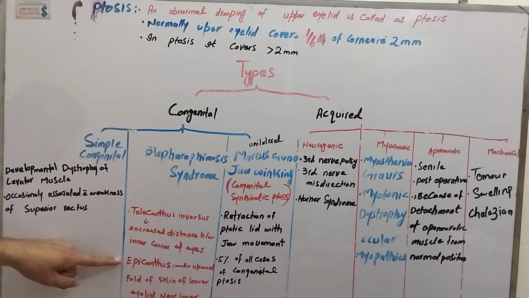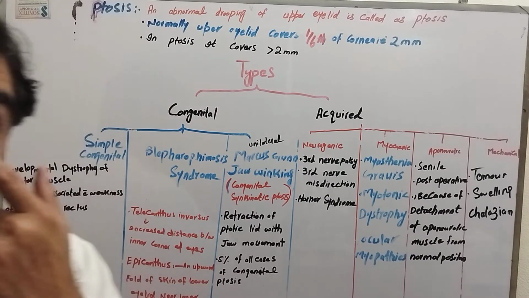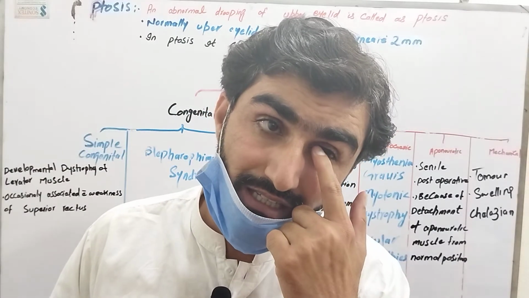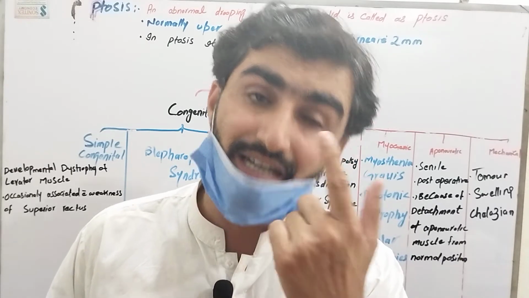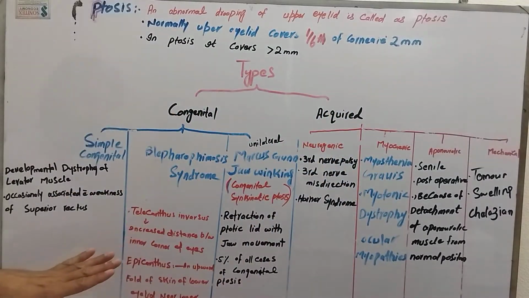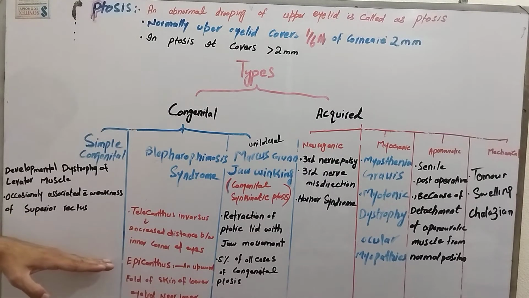What is epicanthus? An upward fold of the skin of the lower eyelid near the inner corner of the eye, near the medial canthus.